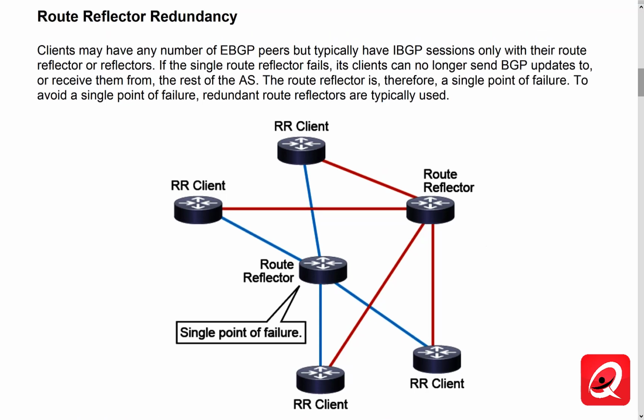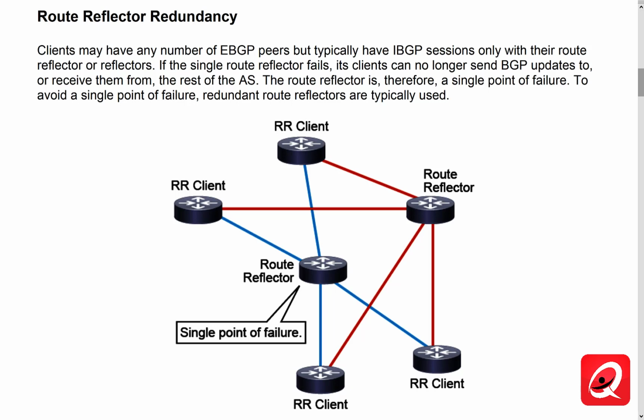And that's not in this particular diagram. The blue lines represent the relationship with the clients from one route reflector, and the red lines represent the relationship with the other route reflector. But for non-clients, it would just be a standard iBGP peering relationship. And by the way, the split horizon rule would apply in those types of relationships.